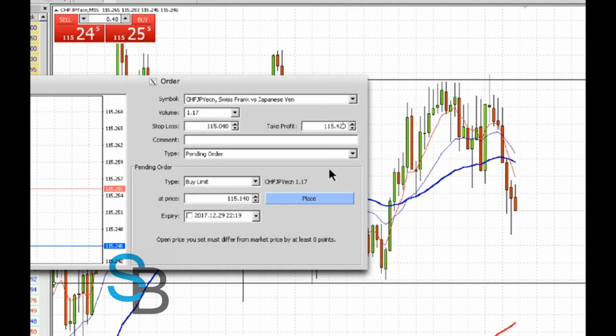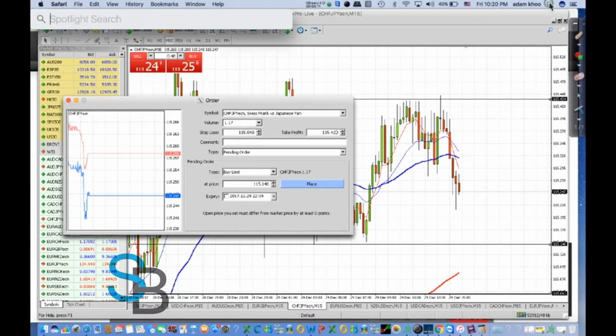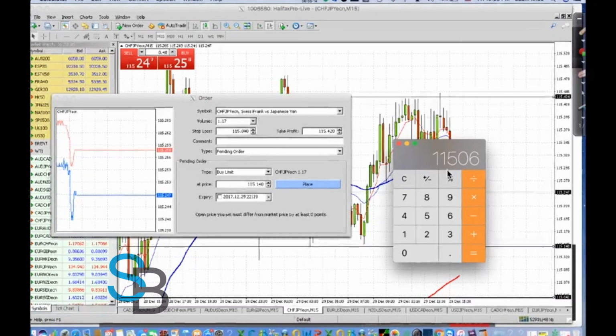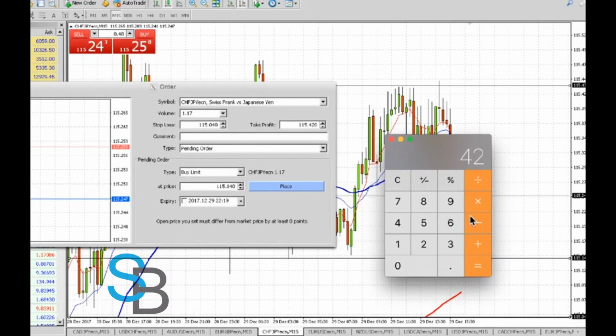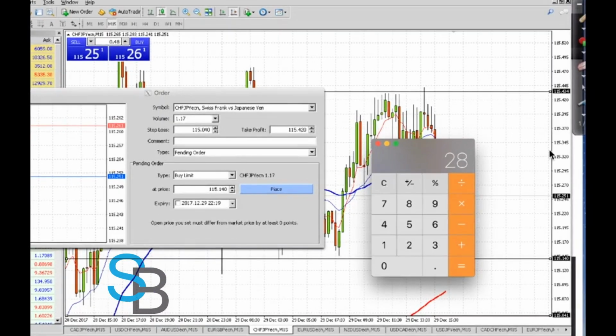Okay, so let me see, 115.42 minus 115.14 is potentially making 28 pips. All right, so I'm risking 10 pips to make 28 pips. That's a pretty good risk return ratio. Okay, it's like risking 1 to make 2.8 thereabouts.